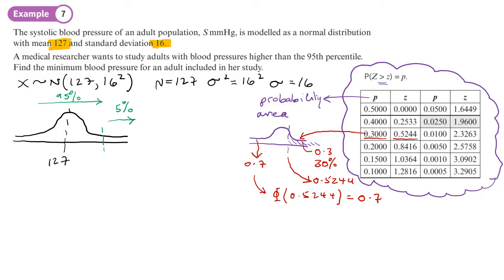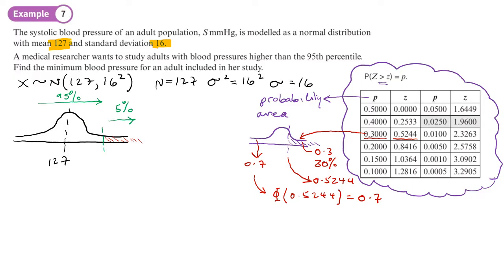Okay. Anyway, let's go back to the question. We're going to use this table to work out the answer. We've been told that we've got this 95th percentile, so this is 5% here. Now if I look at my percentage points table and look for 5%, I will find it.